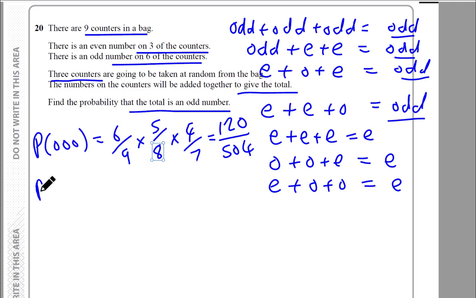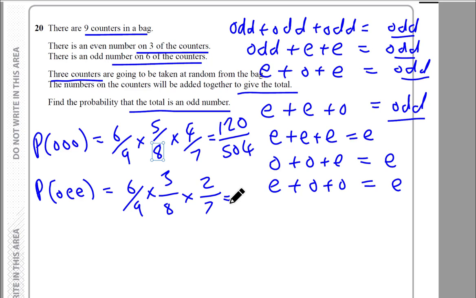Now let's do P O E E. So odd is 6 out of 9 times, now there's 8 left, how many evens are there, times 3 times 1 less even, 2 out of 7. That's 36 out of 504.